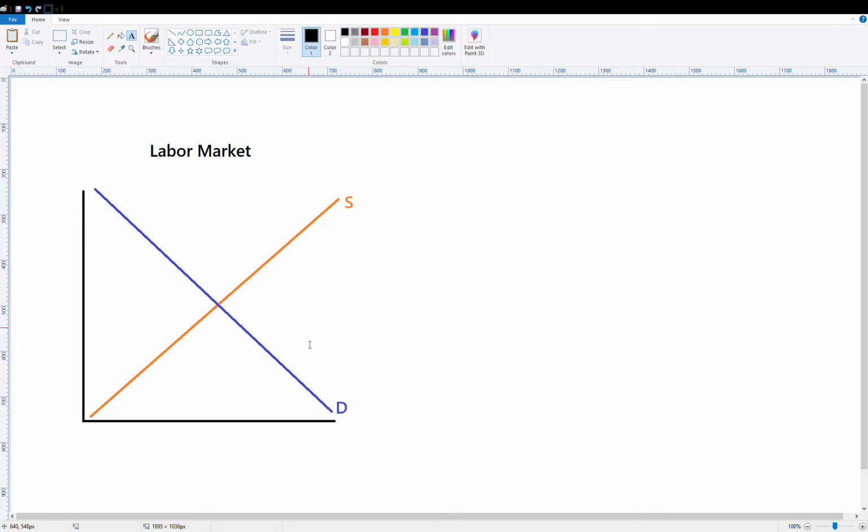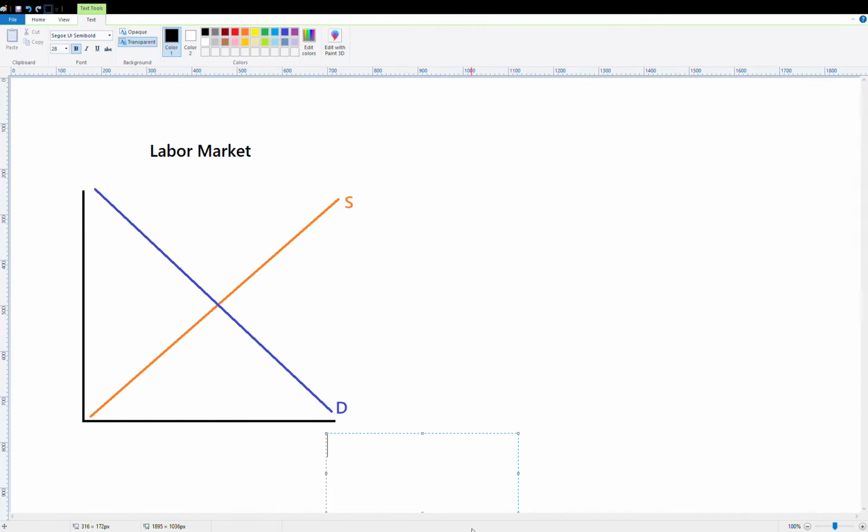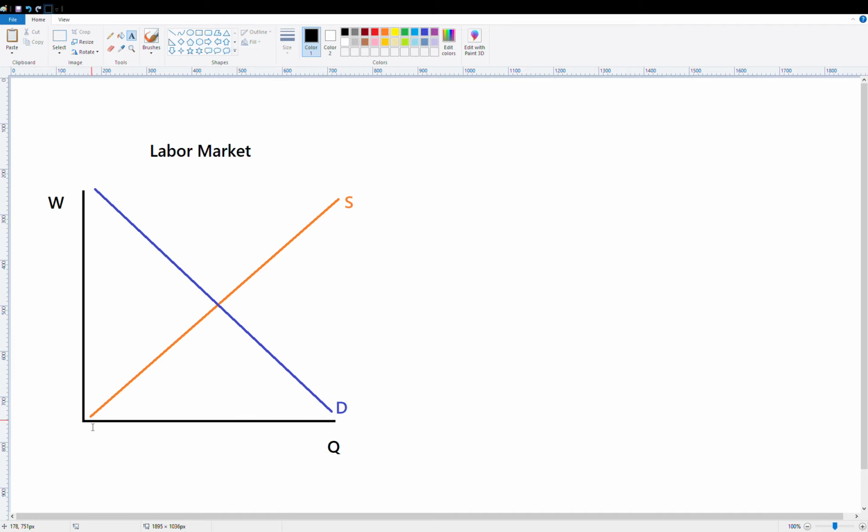This axis is still Q, but this is wages. If the wage is low, then not a lot of people want to work. They're probably people desperate for money, who are okay with getting 5 cents an hour.